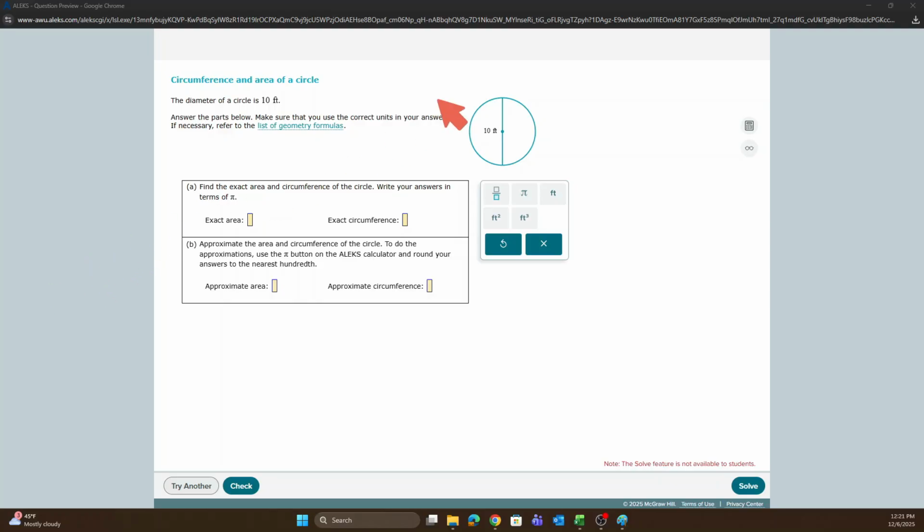Our base equations are, once again, A equals pi r squared, C equals 2 pi r, and in this case we should remember that our diameter is actually just twice the radius, so 2r, which means we could actually write this as pi d. Since our diameter is 10, our radius is 5.